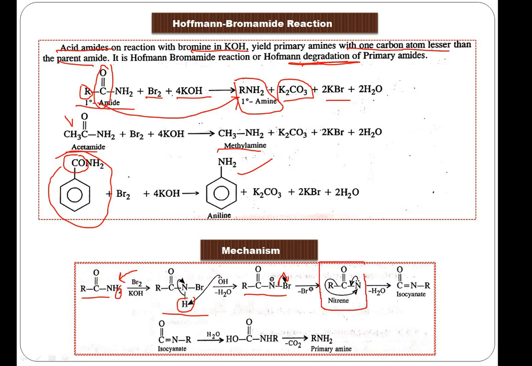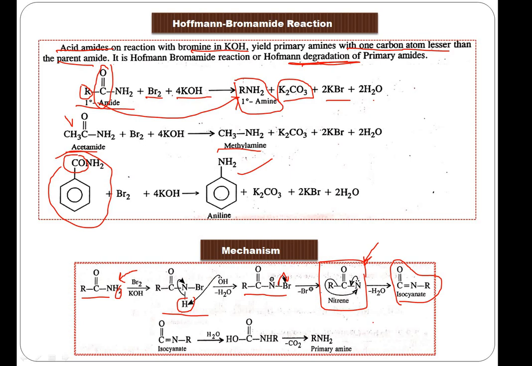Remember, this is very important: in the Hoffmann bromamide reaction, the intermediate formed is nitrene. This question was asked many times. Now this nitrene undergoes a rearrangement process. You can see this R comes here. It moves from C to N. It's called a rearrangement to form isocyanate. Such a structure is called isocyanate.